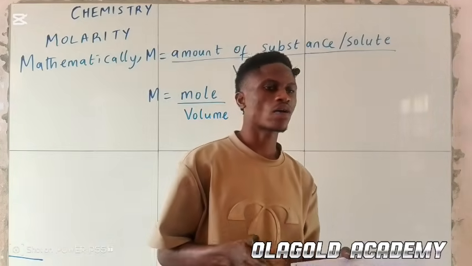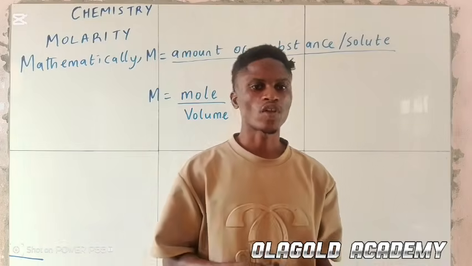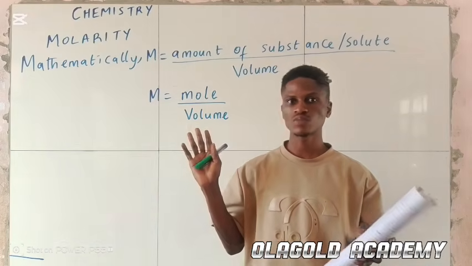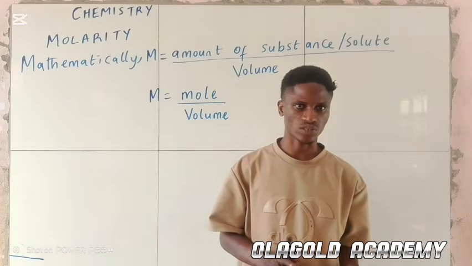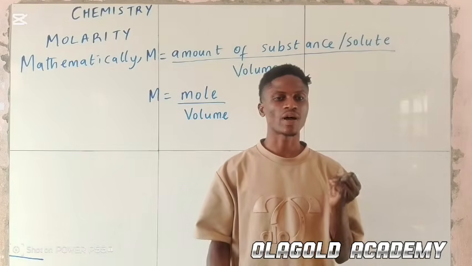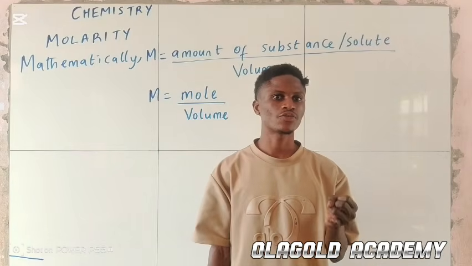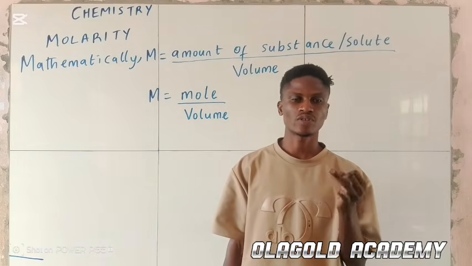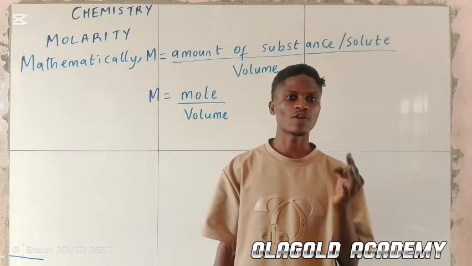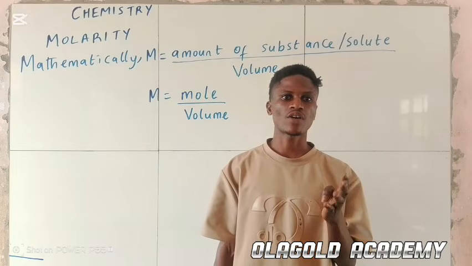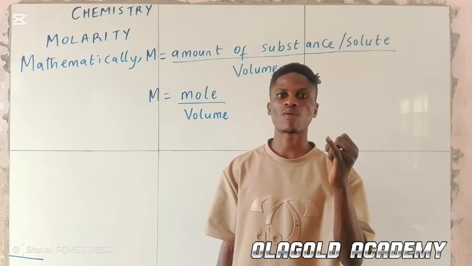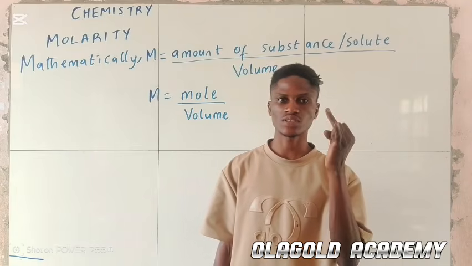And remember your fundamental quantities. Remember that we have 7 fundamental quantities. We have mass, we have electric current, we have temperature, we have time, we have amount of substance, we have length, and we have luminous intensity.